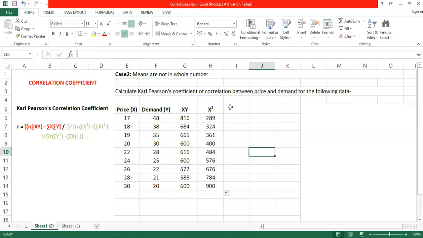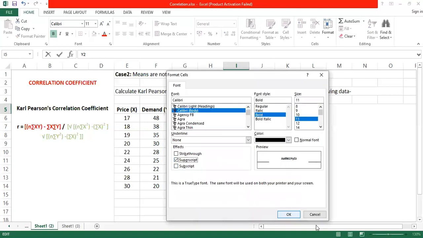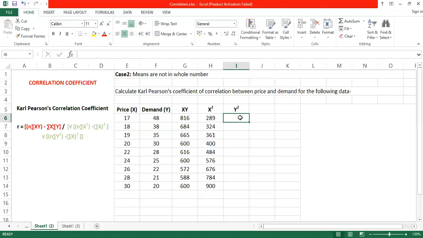Right? Now, we need to get Y square. Now, Y square means this is the first Y into Y again. This is Y into Y again, right? Likewise, Y square for all the Y's.